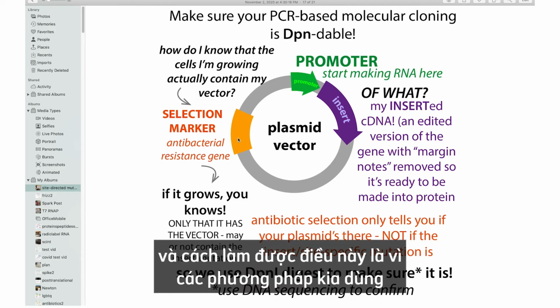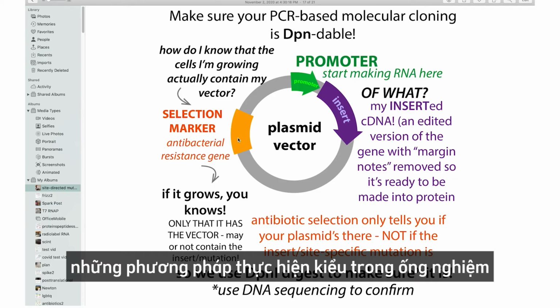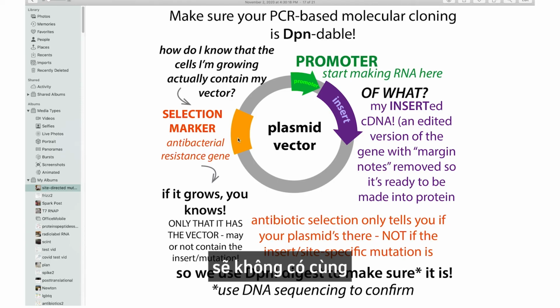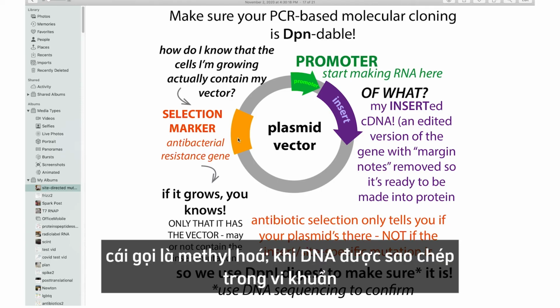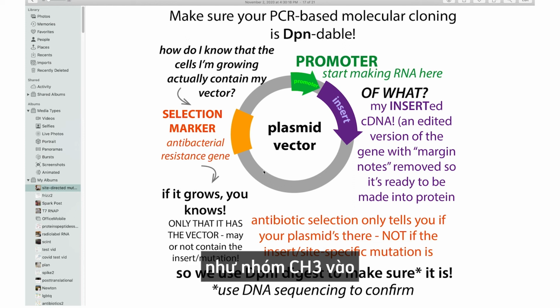The way you can do this is that those methods use PCR or chain extension, doing it in the test tube, so they're not going to have methylation. When the DNA is copied in bacteria, it gets methylation, which adds these CH3 groups to it.